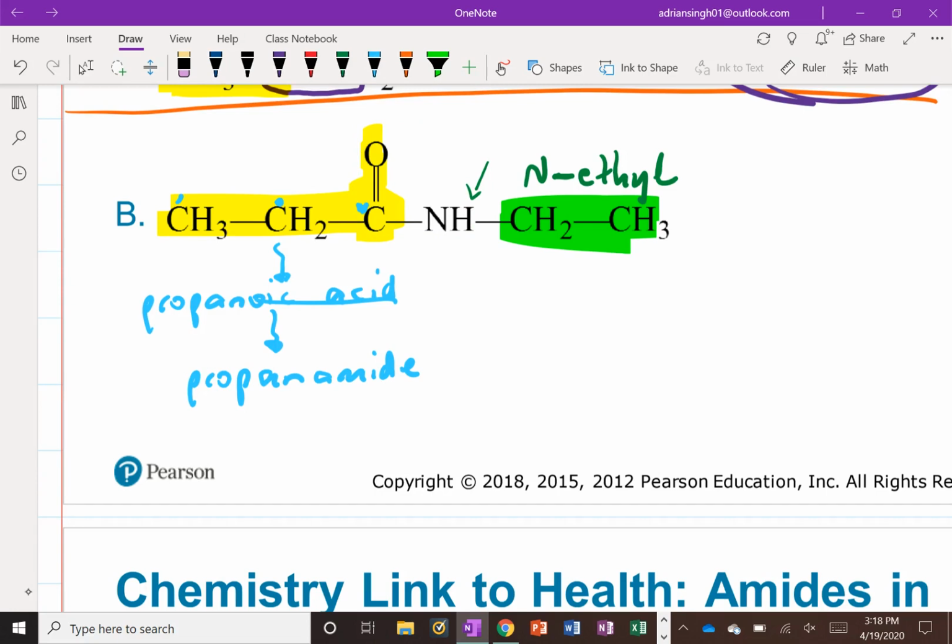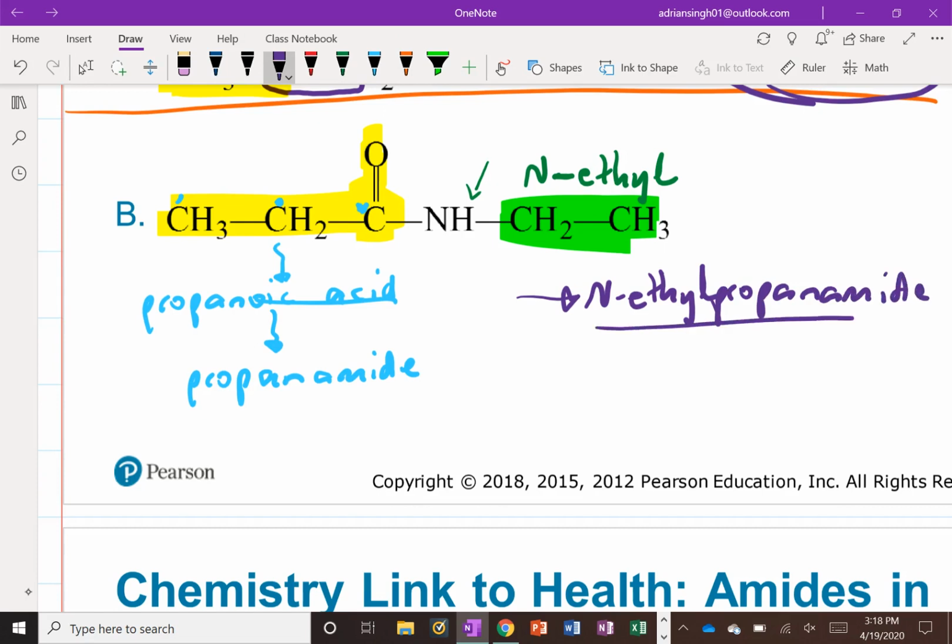So we have our N-ethyl, and we're going to stick that in front of the ending here. So the name for this entire thing then would be N-ethyl. Tells us we have an ethyl group attached to the nitrogen. And then propanamide would be the last name for it.